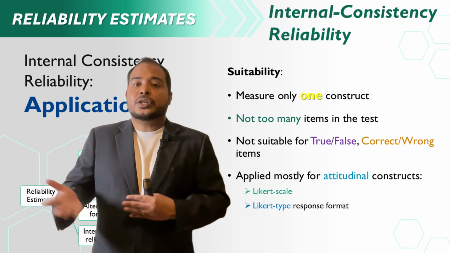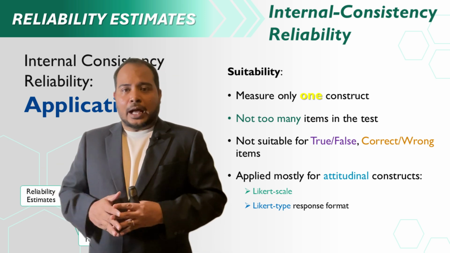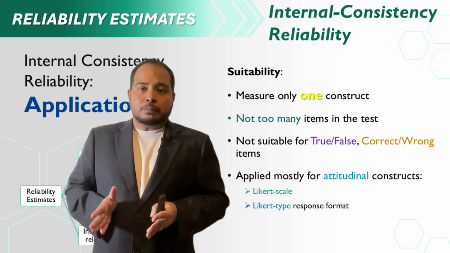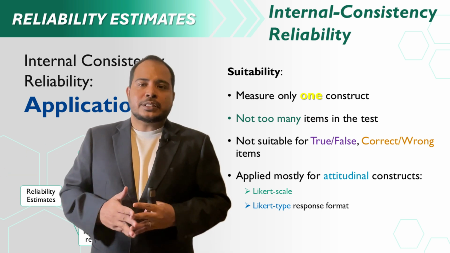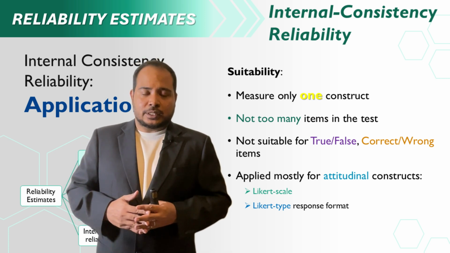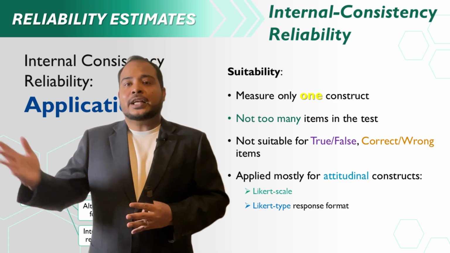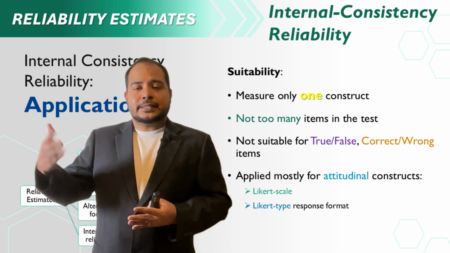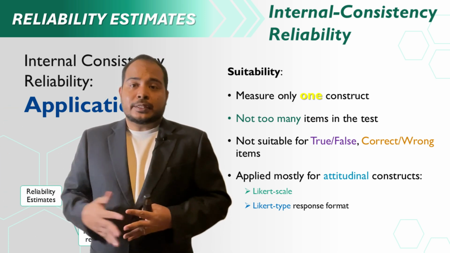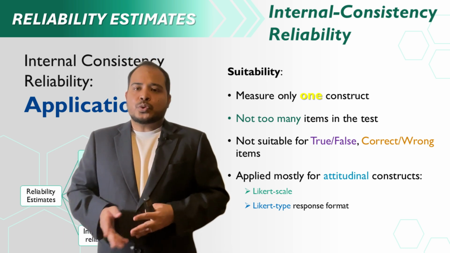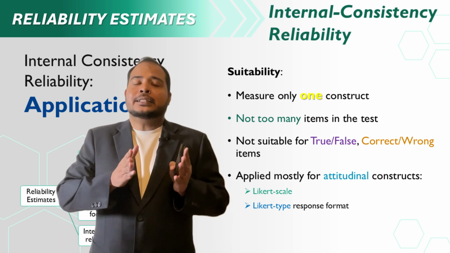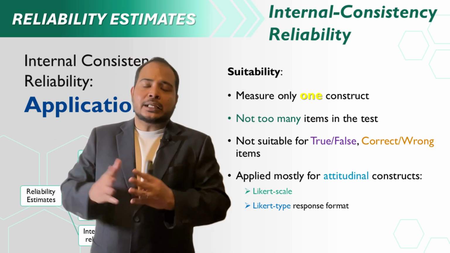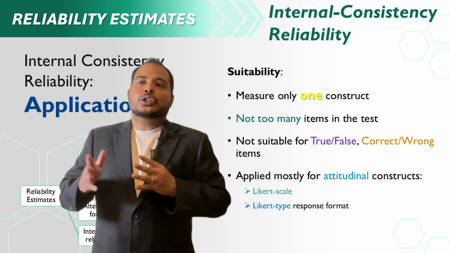They only have two possible answers. So these types of psychological tests, this type of inventory, are not suitable if we want to establish their internal consistency reliability. You may need to find out their reliability using a different estimate, such as test retest reliability or interrater reliability.